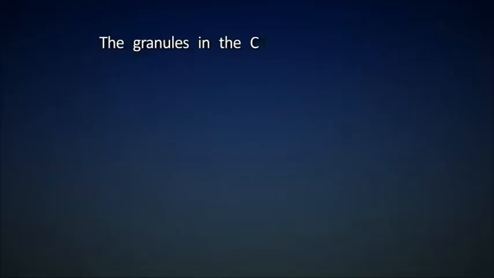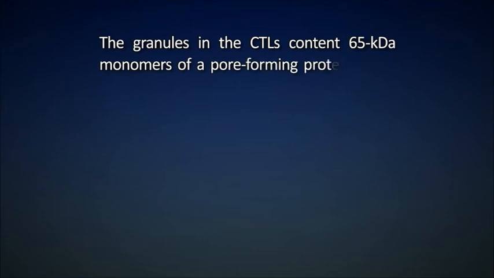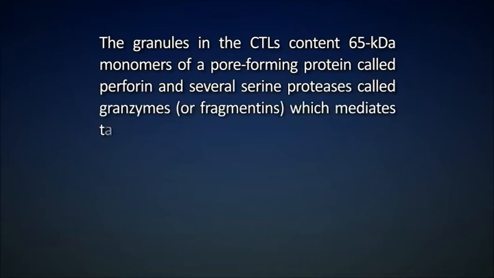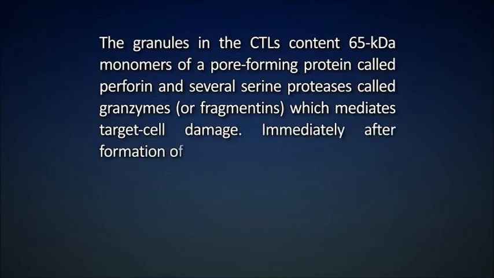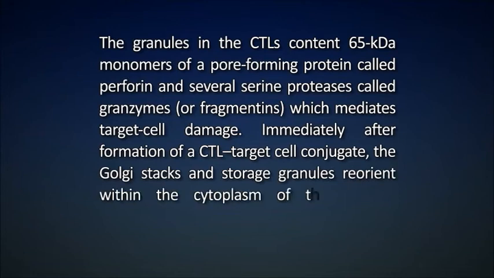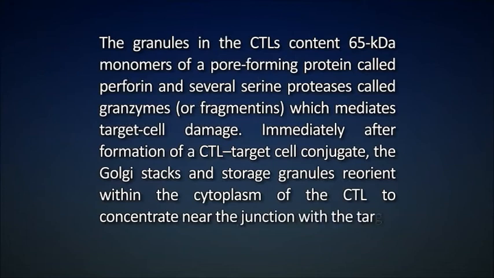The granules in the CTLs contain 65 kilodalton monomers of pore-forming proteins called perforins and several serine proteases called granzymes or fragmentins, which mediate target cell damage. Immediately after formation of CTL-target cell conjugates, the Golgi stacks and storage granules reorient within the cytoplasm of the CTL to concentrate near the junction with the target cell.